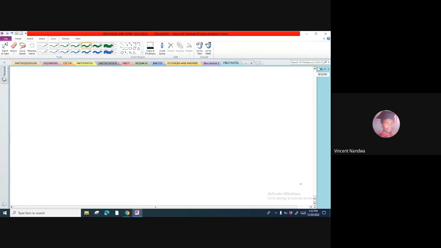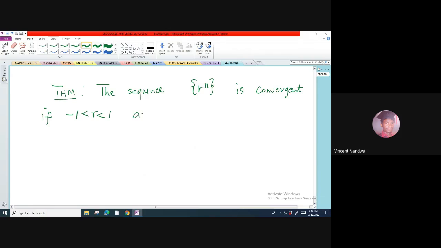Okay, let's state another theorem. So the sequence r raised to the power n is convergent if r is between -1 and 1, and divergent for all other values of r.